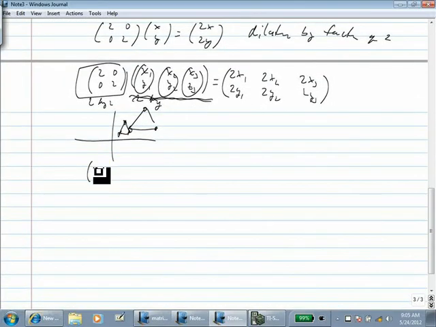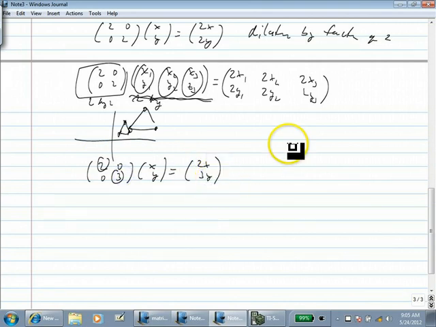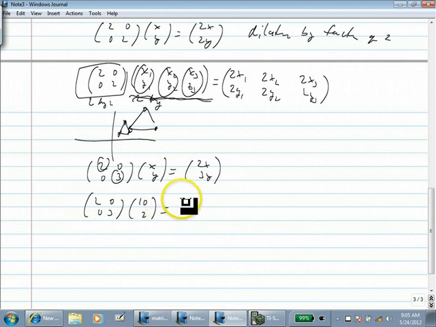One type of transformation that we haven't talked about much is if these two numbers are different from each other, I get 2x, 3y. Now, if you apply that to a single point, like 2, 0, 0, 3, applied to 10, 2, it would end up becoming 20, 6. And it's not clear what's going on.